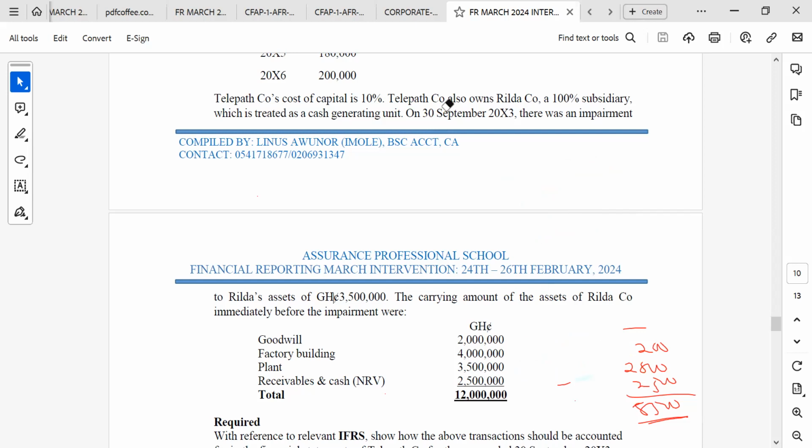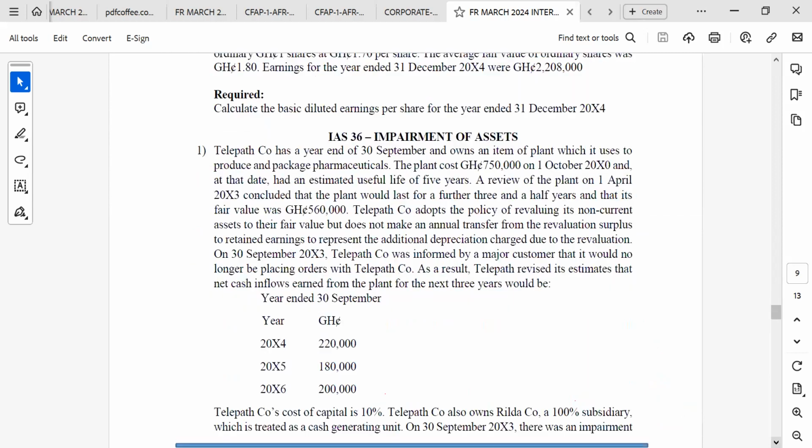Let's go to where the focus is. So the focus will be on the first part, which is PP and E and impairments. Teleco has a year end of 30th September and owns an item of plant which it uses to produce and package pharmaceuticals.